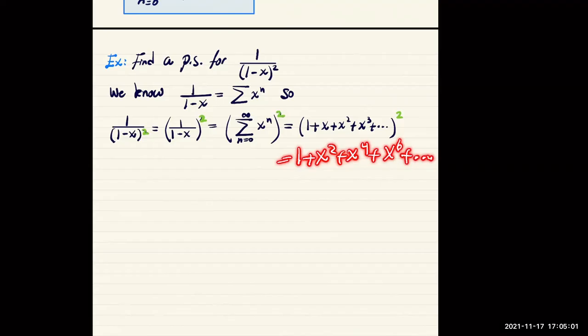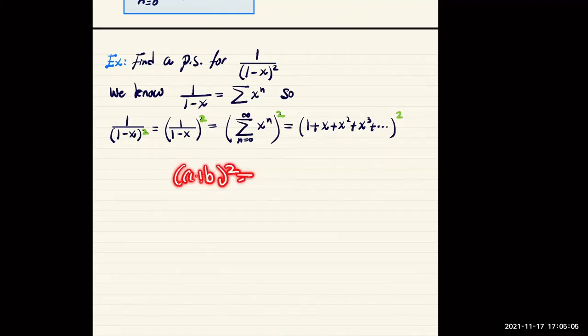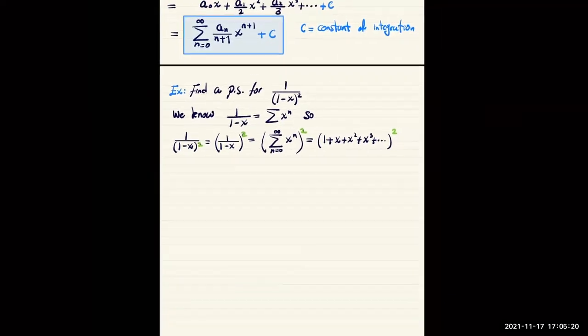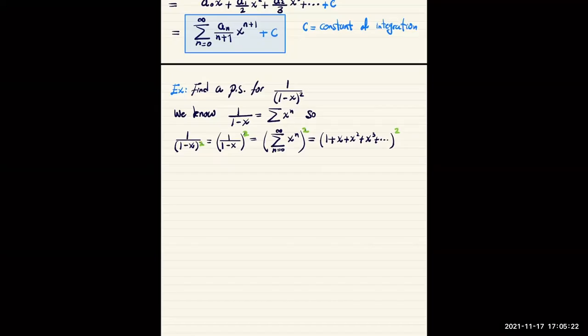We can't do that. Remember, a plus b squared is not equal to a squared plus b squared. The common mistake people make: you can't distribute the power into a sum. It's totally wrong. All right, so this is very difficult to square.